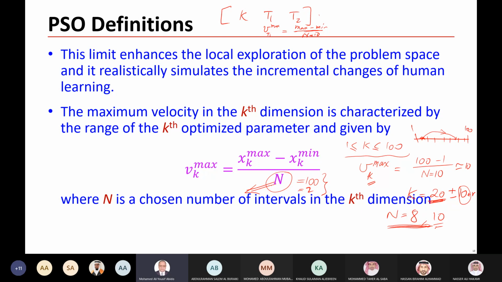We can do this here also. At each, for example, 10 iterations, you can increase n by 1. You start with n equal to 2 or 5 or 4, and then n equal to 5, 6, 7, 8, 9, 10. So you reduce the size of the interval, or you reduce the Vmax, while you are approaching the final stages of your search. You can implement it.